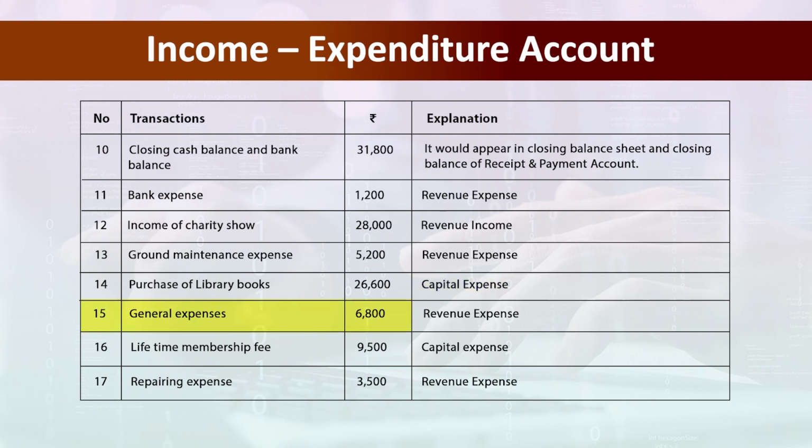General expenses of rupees 6,800 is a revenue expense. Lifetime membership fees of rupees 9,500 is a capital expense. Repairing expense amounting to rupees 3,500 is a revenue expense.